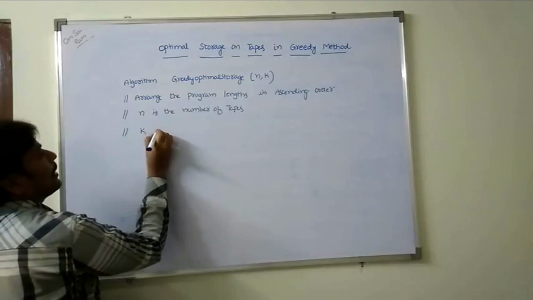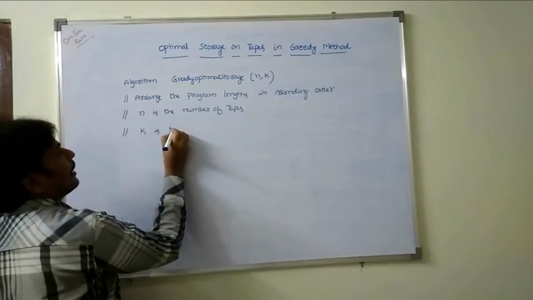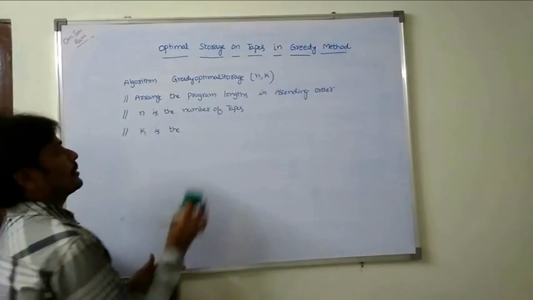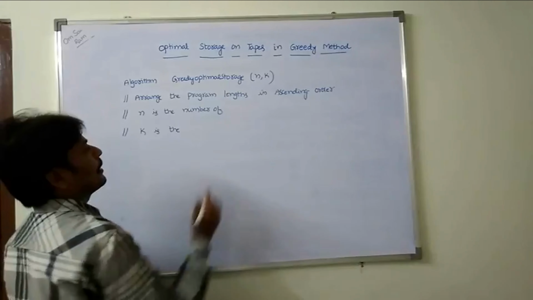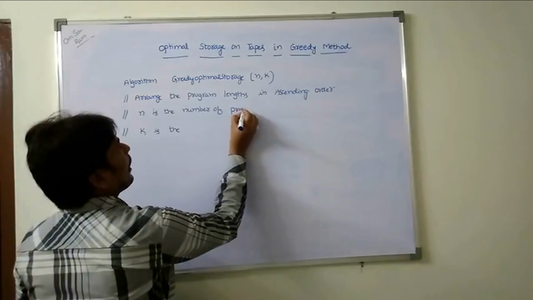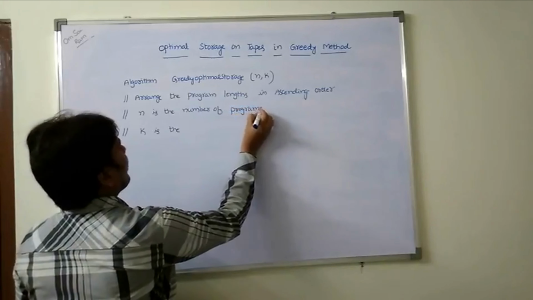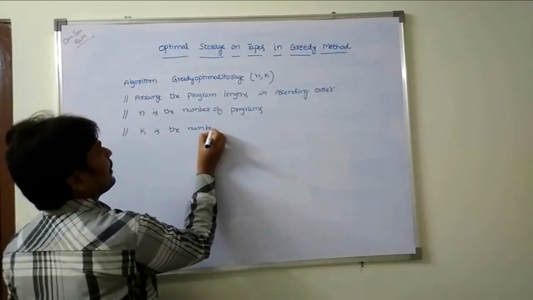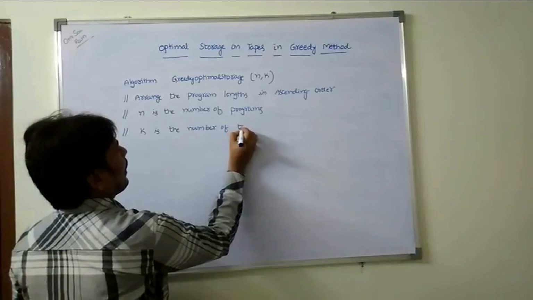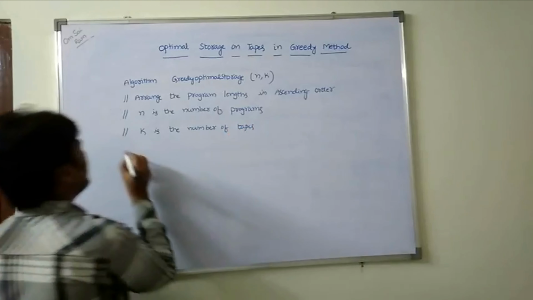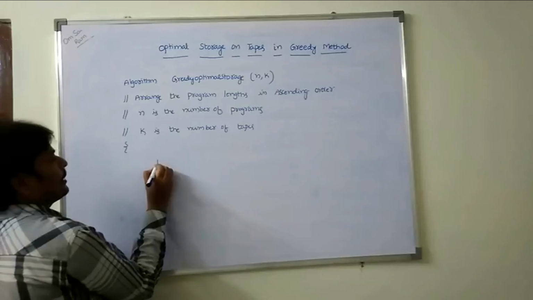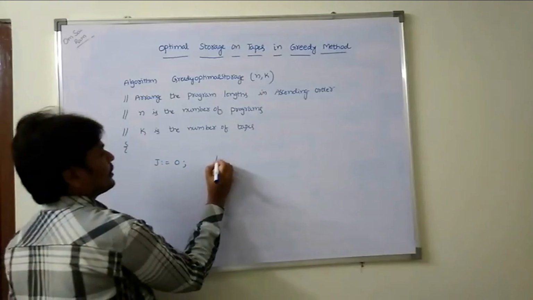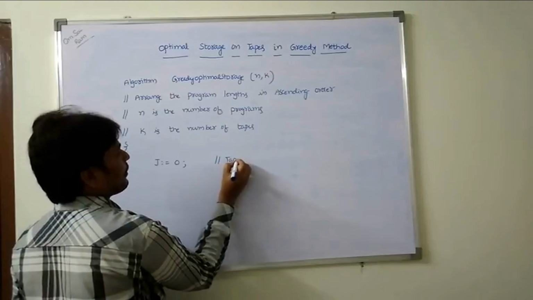K is the number of tapes. Initially, J is equal to 0. So this is the tape number.